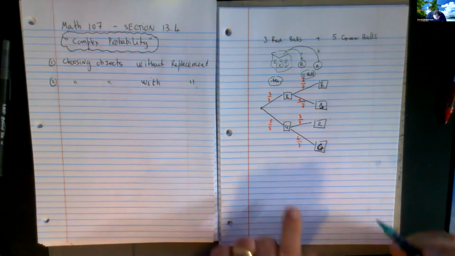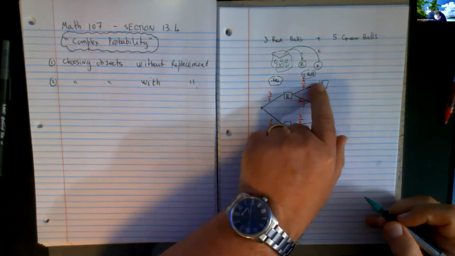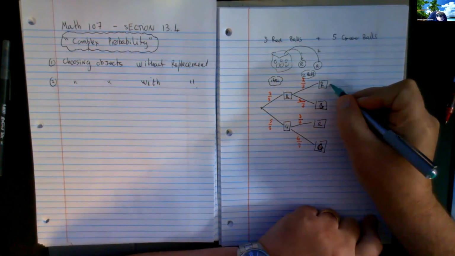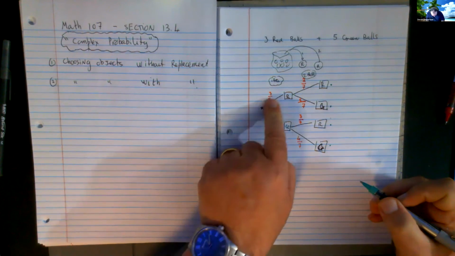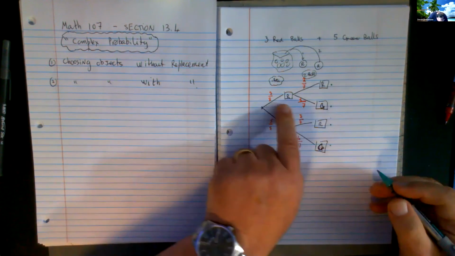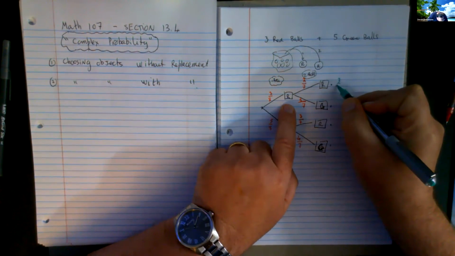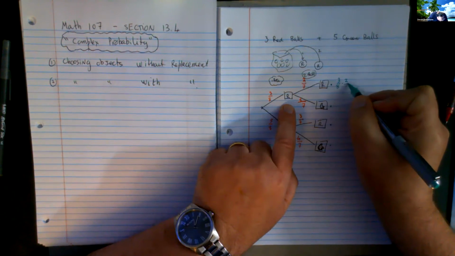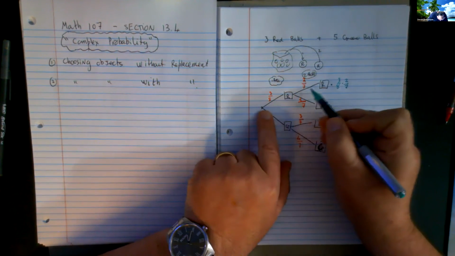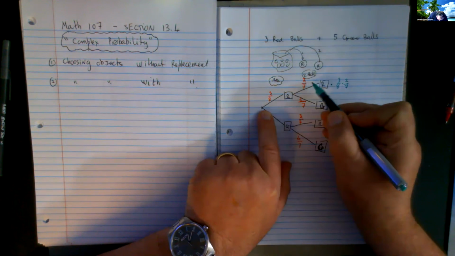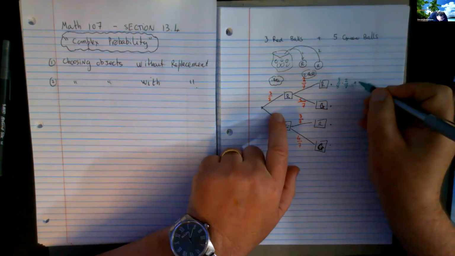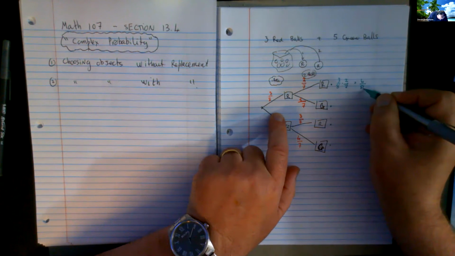And this is basically the construct that we call a tree diagram. What you do to finish that is you follow the pathways to these 4 destinations, and you calculate the probability of each one of them happening, and you do that by multiplying the 2 roads that you took to get there. So it was a 3/8 chance followed by a 2/7 chance, and that gets you 6 out of 56.